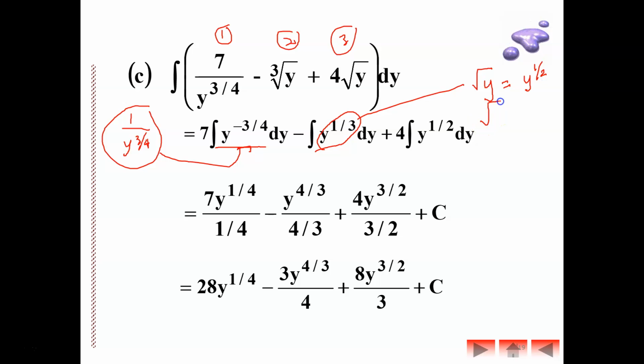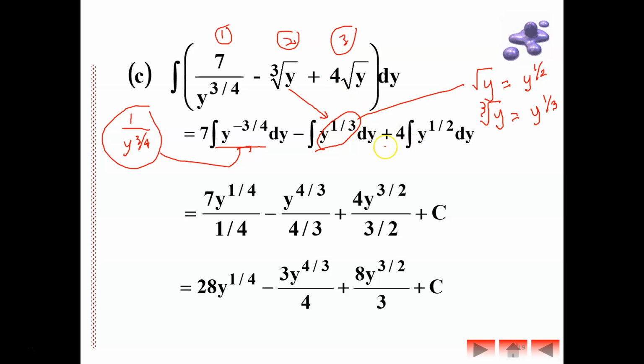If we have the cube root of y, it will become y to the power of 1 over 3. The formula is the same: if it is the square root of y, it becomes y to the power of half; if the cube root, it becomes like this. Okay.